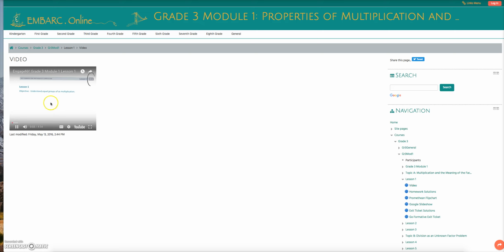This is the 3rd grade Module 1, Lesson 1. And in this lesson, we are understanding that equal groups really suggests the act of multiplication. So in this picture, what we've got looks like scissors, I guess.